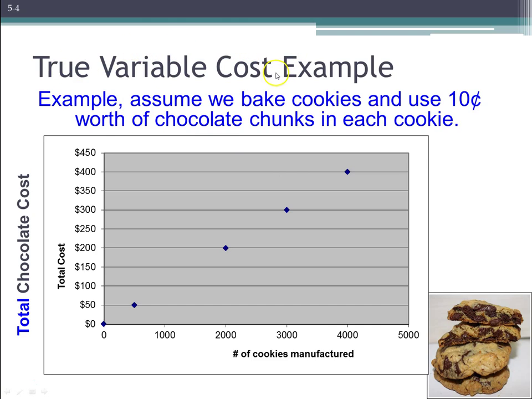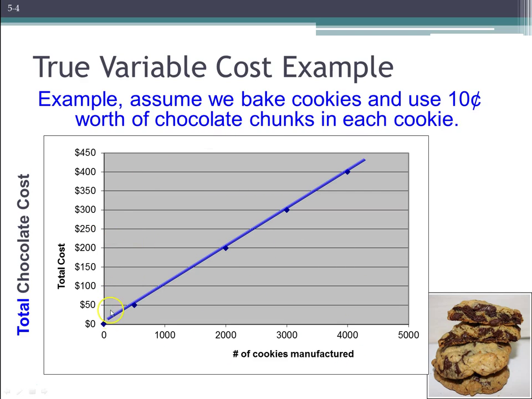If we were baking cookies, we're going to assume that each of our cookies takes 10 cents worth of chocolate chunks. That's how much goes into each one of our cookies. That, of course, chocolate chunk, or our chocolate cost, would be an example of a true variable cost, and it shows it here on this graph.